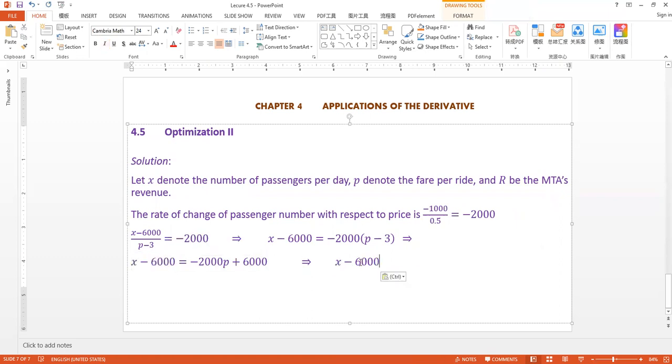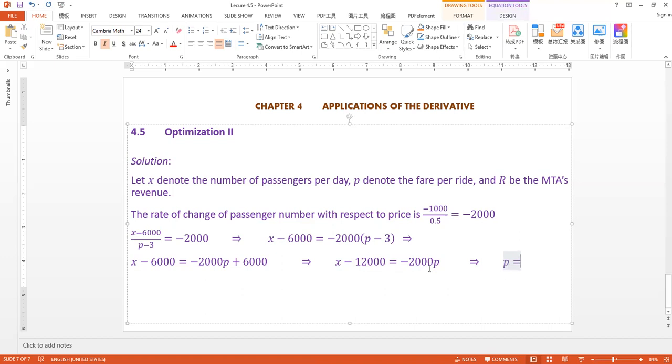If we do that, we get x minus 12,000 equals negative 2,000p. And we can also rewrite the equation by dividing by negative 2,000 on both sides. We're going to use this equation later.